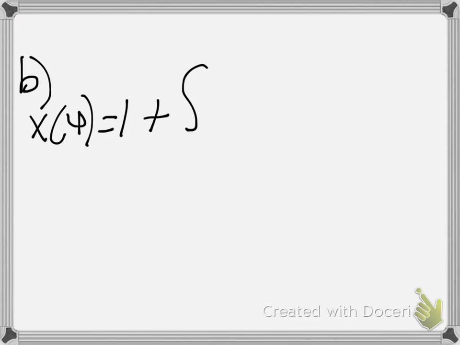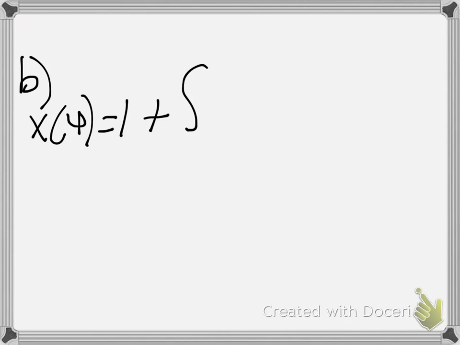Part B. Find the x-coordinate of the particle's position at time t equals 4. X of 4. The starting point was at 1, 5. X is 1, so 1 plus how far did we travel?